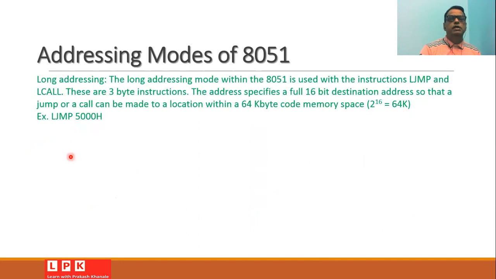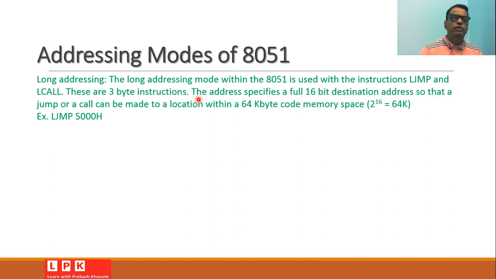Another addressing that is used is long addressing. Long addressing mode within the 8051 is used with instructions such as long jump, LJMP, or long call, LCALL. These instructions are 3-byte instructions. The address is specified in the form of a 16-bit destination address, so that a jump or call can be made to a location within the 64 kilobyte code memory space.